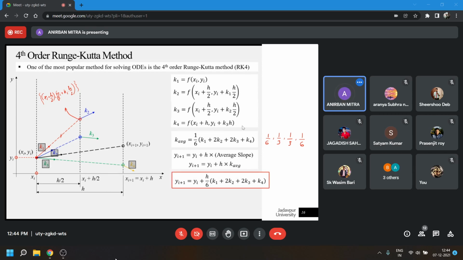So this is the final form of the fourth order Runge-Kutta method. It can be written like this as well, where this Bn is basically the weights represented here.